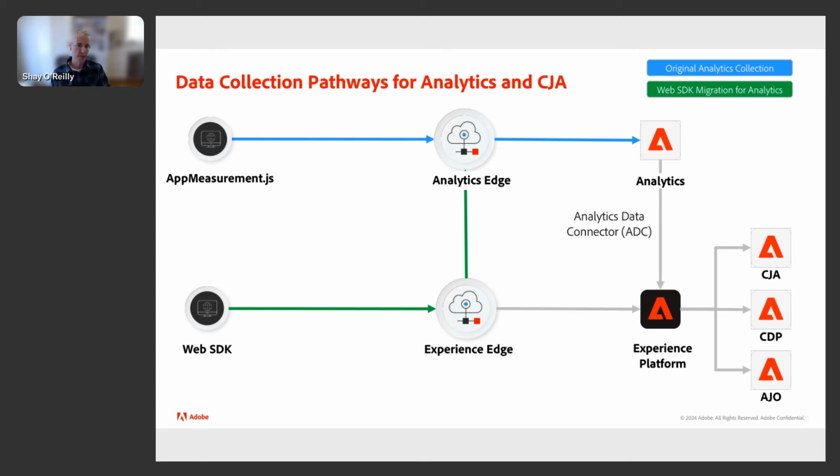That exists today. We're maintaining that. That's not going anywhere. But you have Web SDK to Experience Edge, and then you can use that to send data to Analytics. So there's just a new way to send data to Analytics. You send that call from the page, it goes to Experience Edge. You can configure Experience Edge to send wherever you want, one of those destinations being Analytics.